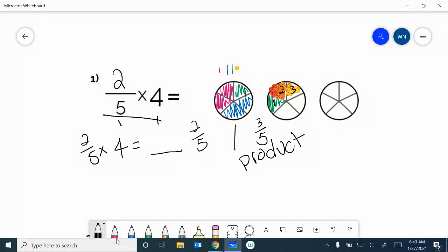We know that the answer is going to be greater than 2/5 because 2/5 times 4 is going to be 4 times bigger than 2/5. It might go the other way. It might say 2/5 times 4 equals a number that is greater or less than 4. When we multiply 2/5 times 4, because 2/5 is less than 1, it's going to be less than 4. We'll keep talking about these as we continue to work.